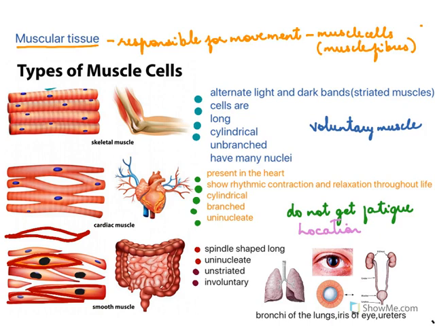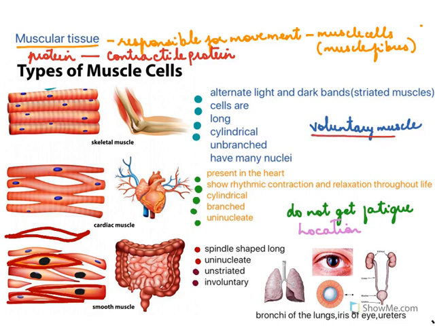So now to summarize what we studied, we said that the muscular tissue is made up of muscle cells, and there's another important point we need to note: these muscle cells have a special protein called the contractile protein. This contractile protein inside the cells contracts and relaxes and helps the contraction and relaxation of the entire muscle tissue. And the muscle cells are of three kinds we saw.